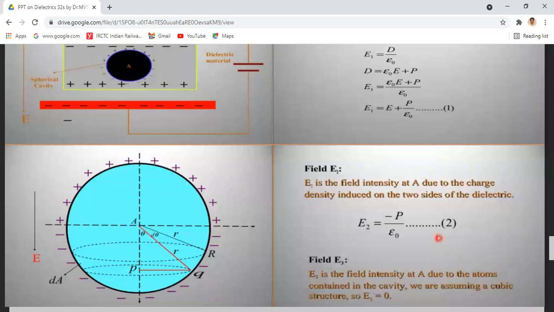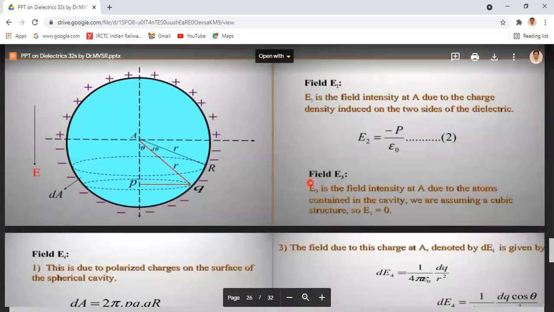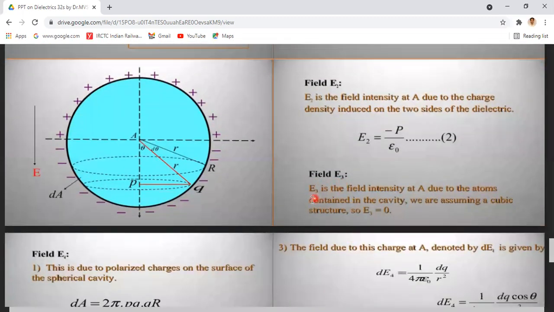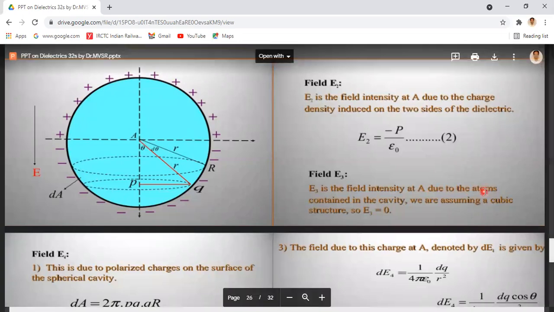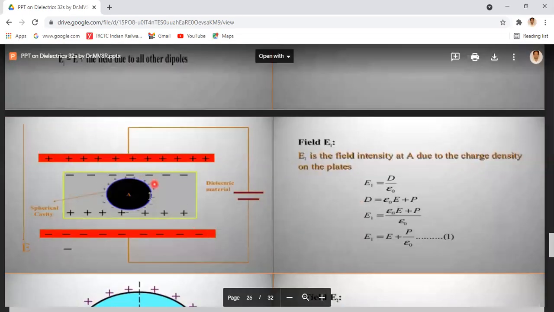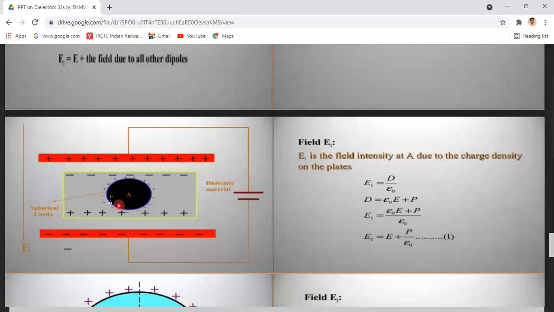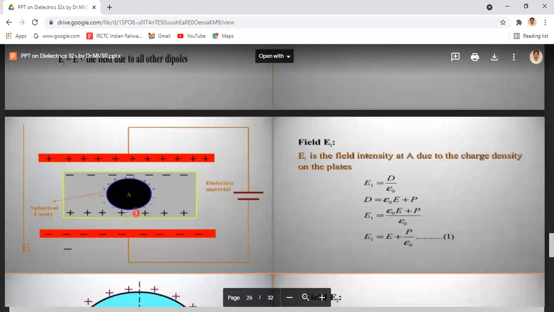Coming to the third contribution, that is the electric field E3 bar. E3 is the field intensity at an atom A due to the atoms contained in the cavity. That means around this atom A, let us assume a spherical cavity.